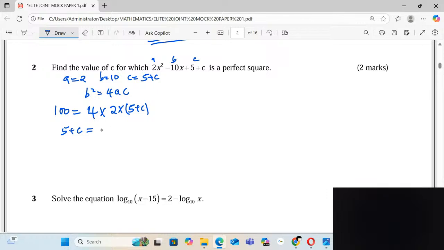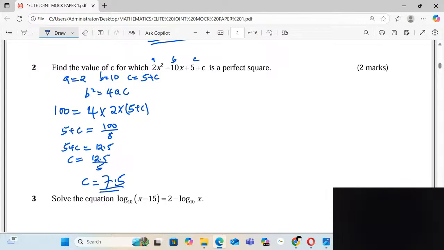So 5 plus c will be equal to 100 divided by 8, which gives 12.5. So 5 plus c is equal to 12.5, and the value of c becomes 12.5 minus 5, so c is equal to 7.5.